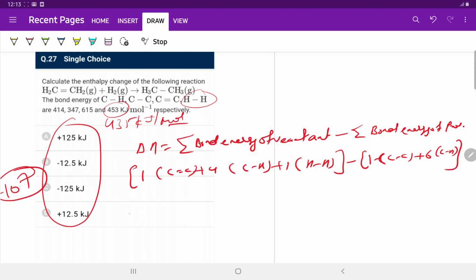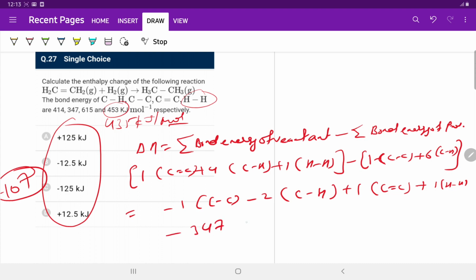Okay, we can write this as minus 347 minus 2414 plus 1 into 615 plus 1 into 435.